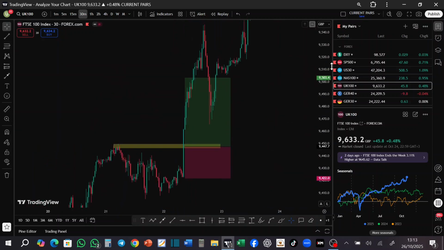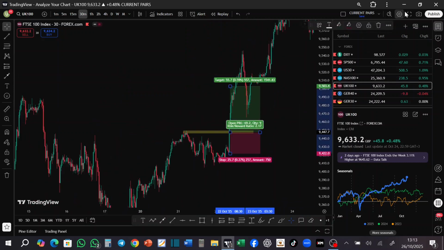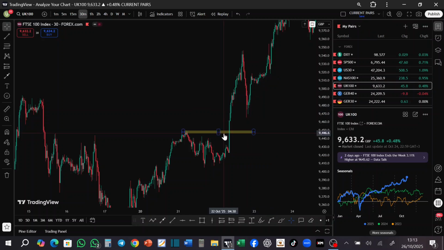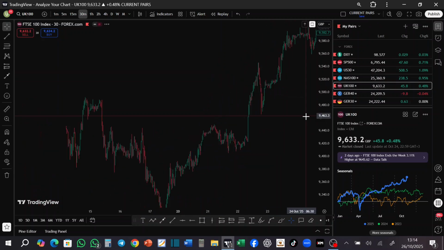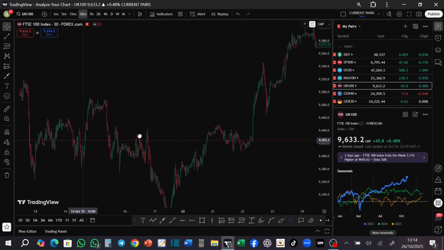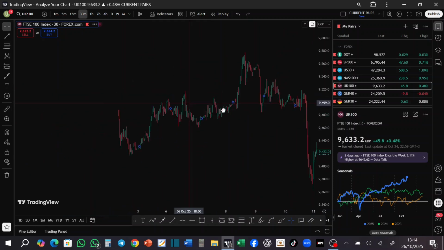Okay, so that is how forex trading is. As retailers, we just bet whether price is going to go up or go down. If we bet that price is going to go up, we buy. If we bet that price is going to go down, what do we do? We sell. That's what we do.